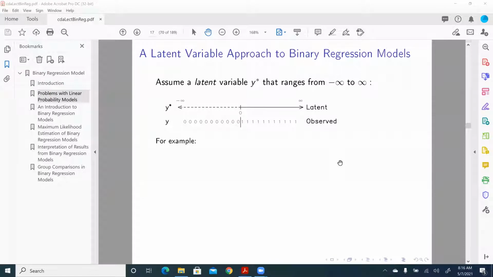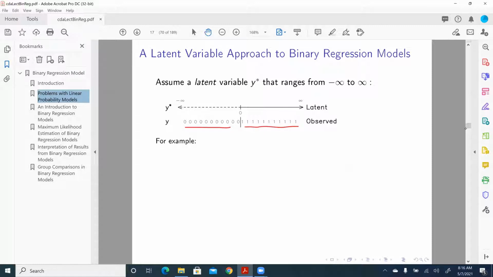Now let me introduce binary regression models. Let's say we have a binary variable y, and there are two states, 0 and 1.